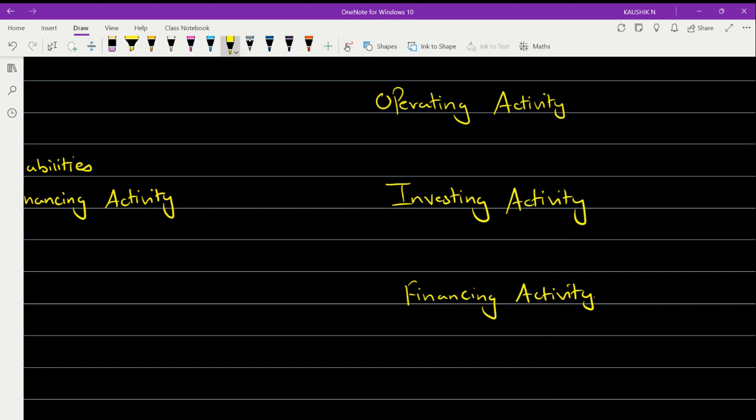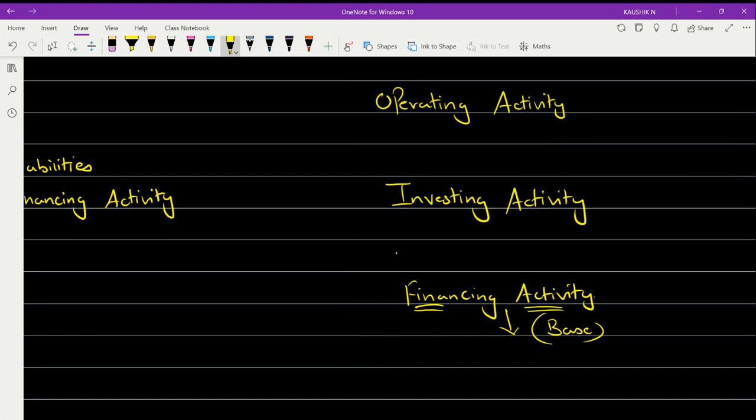But see, though we have marked operating activity as the topmost, as the first activity in the order, financing activity stands as the base. So I just want to make you understand that finance is the lifeblood of any business and it is essential. So that's why we are declaring financing activity as the last activity, but it is the base.